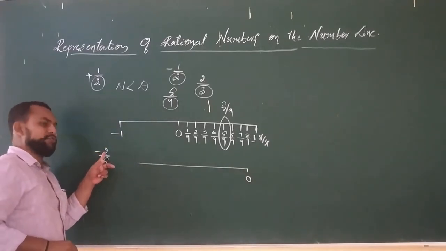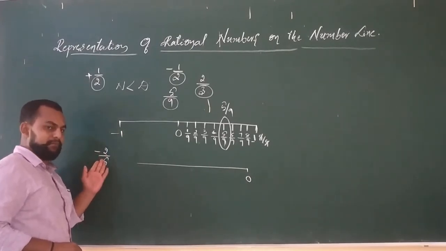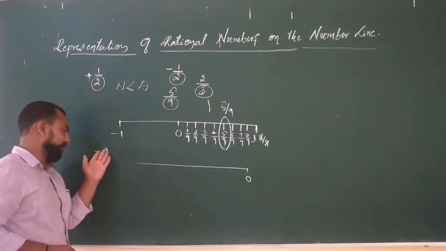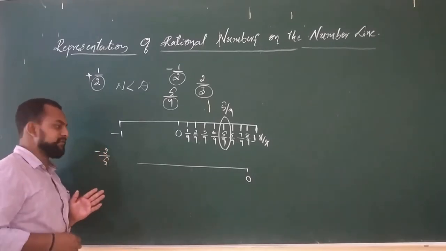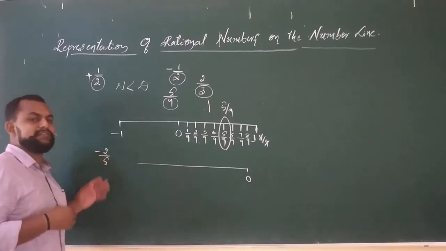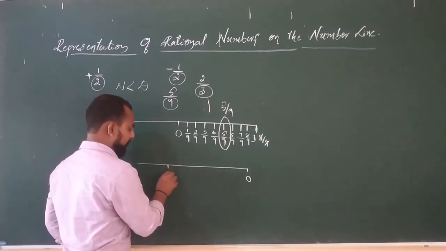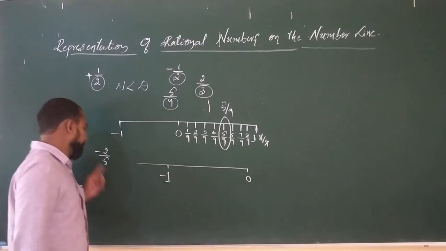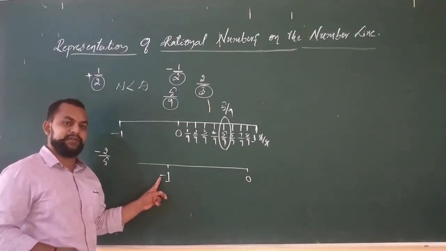Minus 2 is smaller than 5, so the numerator is smaller than the denominator. It means this rational number lies between 0 and minus 1. Here the sign is minus, so it is towards the left side of 0.